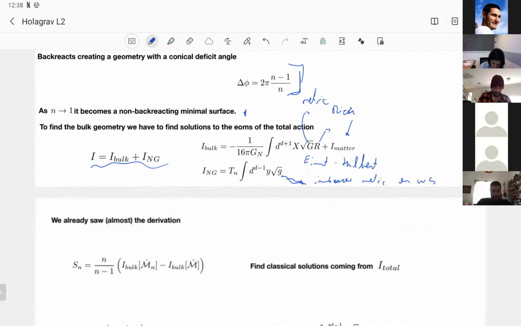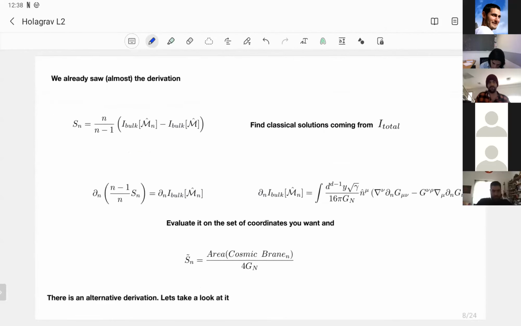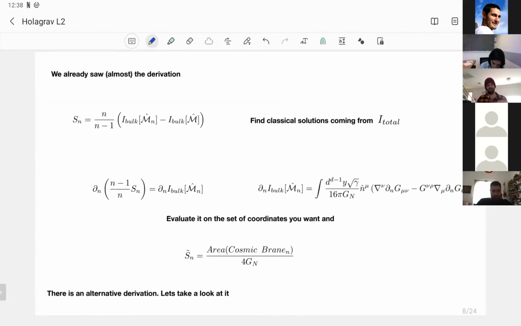One way to see this, as Xi Dong did in the paper, is to remember what I said before: you can write the Rényi entropies. These you can obtain by this difference of actions. So you have to find a classical solution to this total action. From here it's easy to go in this direction, and then you have to compute the derivative of the action on the bulk on this quotient manifold.